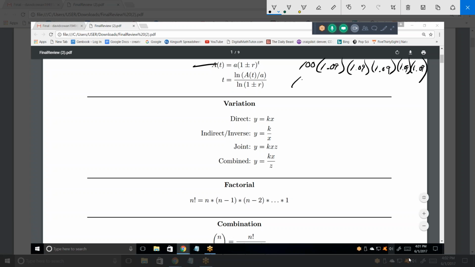So I have 100 times 1.09 to the 5th power. That's how I get the final answer. In other words, this formula is the same as what you did intuitively. See why?